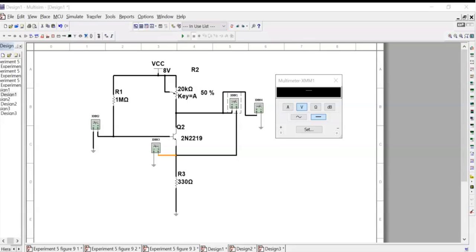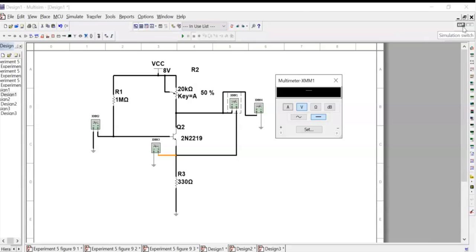Procedure: using the DMM, measure the base voltage, the collector voltage, and the emitter voltage. Record your data in table 9.1. We need to determine the condition of the transistor, whether it is in saturation, cutoff, or active. The first setting is VCE should be 7.8 volts.